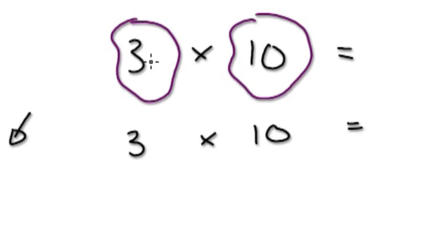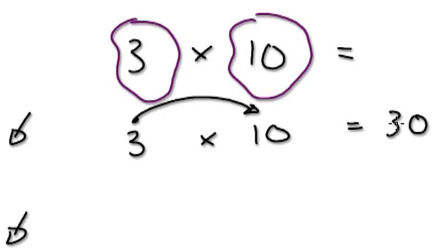Just write this. Basically, what is positive 3 times positive 10? Press pause and have a go. Well, this is quite easy. It's what we're always used to. So it's 3 times 10, which is 30. Now, because it's positive here, that makes it a positive. So it's basically just 30.